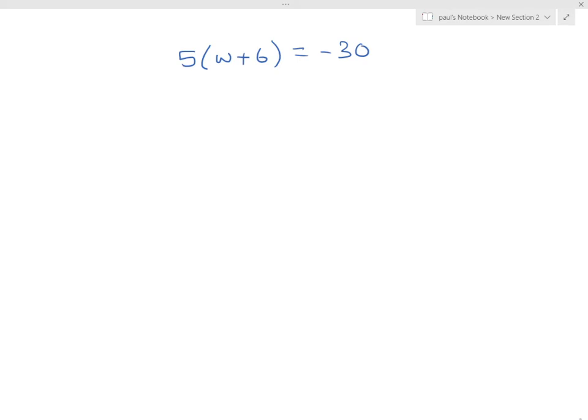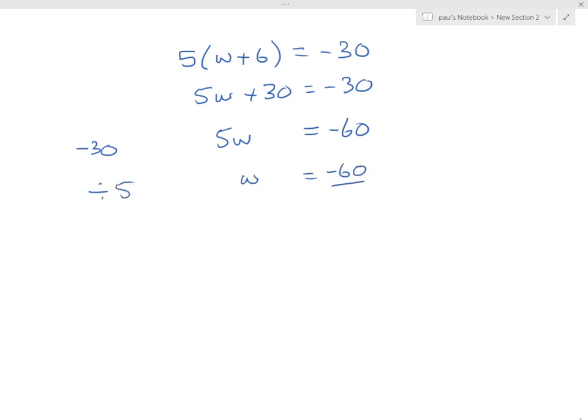So we've got 5w plus 5 times 6 is 30, equals minus 30. Take away 30. Leave 5w, sorry. Minus 30 is minus 60. And then divide by 5. So you've got w equals minus 60 divided by 5, which is 12, isn't it? 5 12s is 60, but it's minus 12.